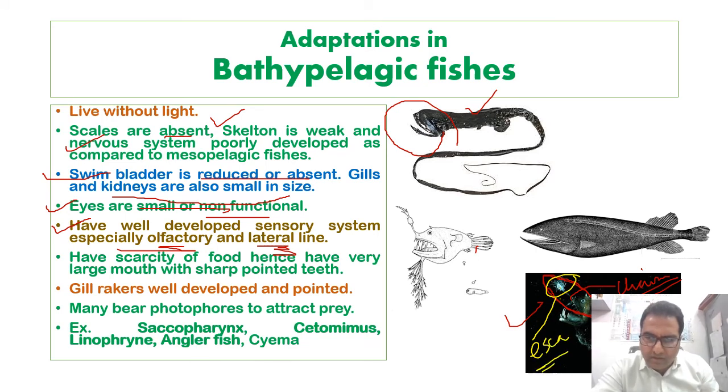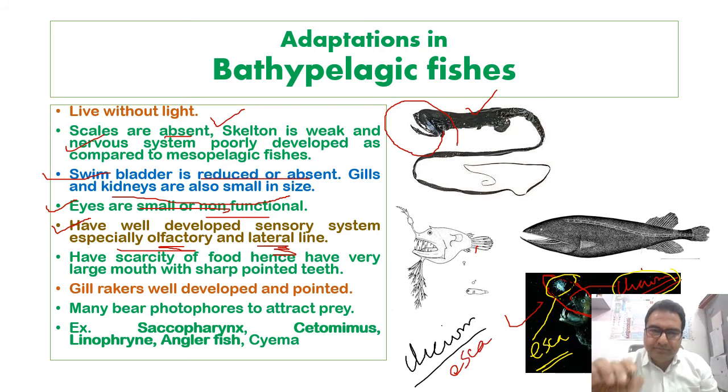This is very important from the MCQ point of view: the fishing rod like structure is called the illicium, and the lure, the bait like substance, is called the esca. The esca resembles an artificial bait to attract small fishes.